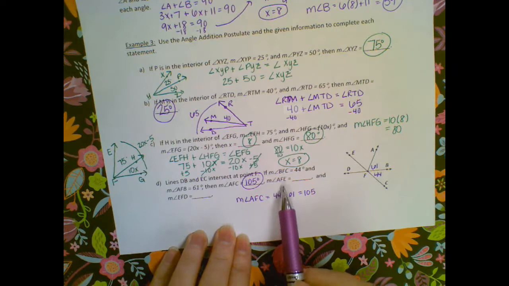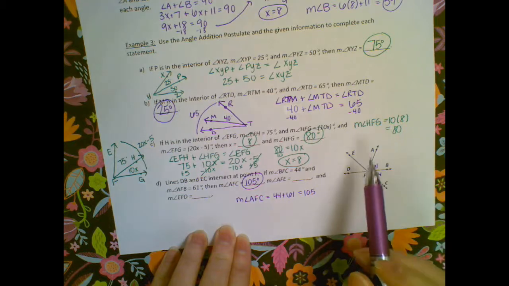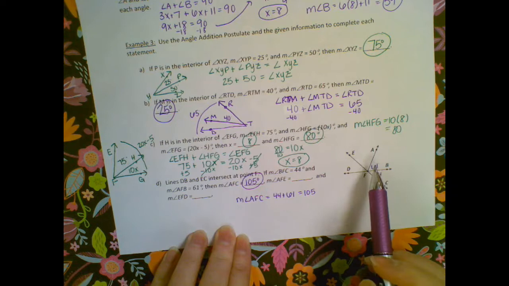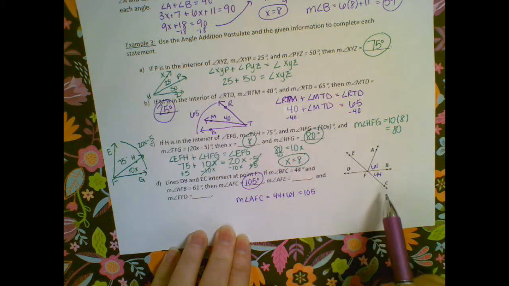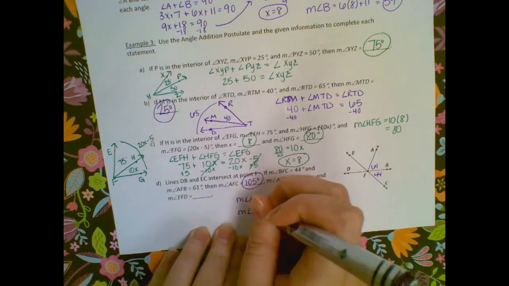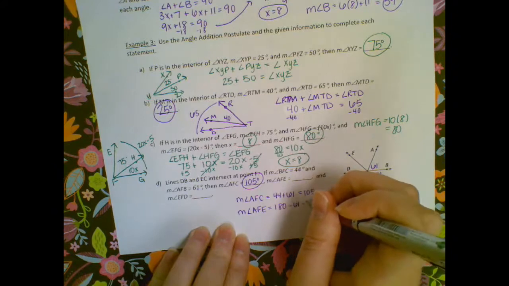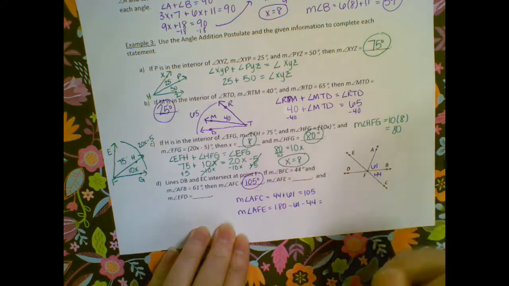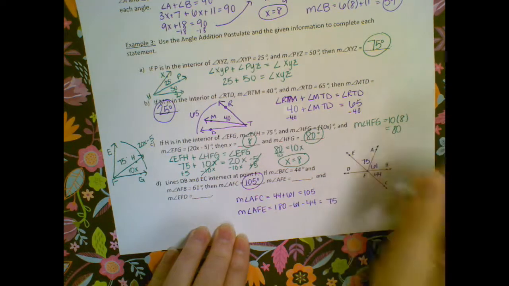Next, we want AFE. AFE is this angle right here. Well, if you kind of look side by side, these three angles all add up and make a straight line. So for angle AFE, I'm going to work backwards. 180 minus that 61 minus that 44, that's going to leave me with 75 degrees for AFE.